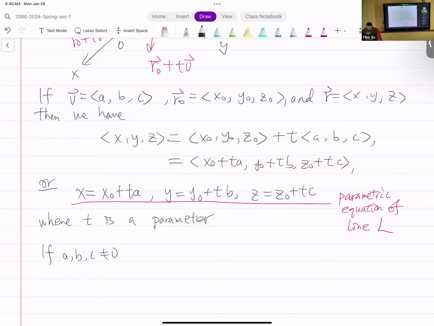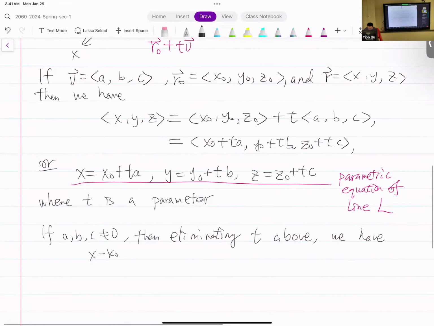So that will eliminate t. Then eliminating t above, we have what's called the symmetric equation.